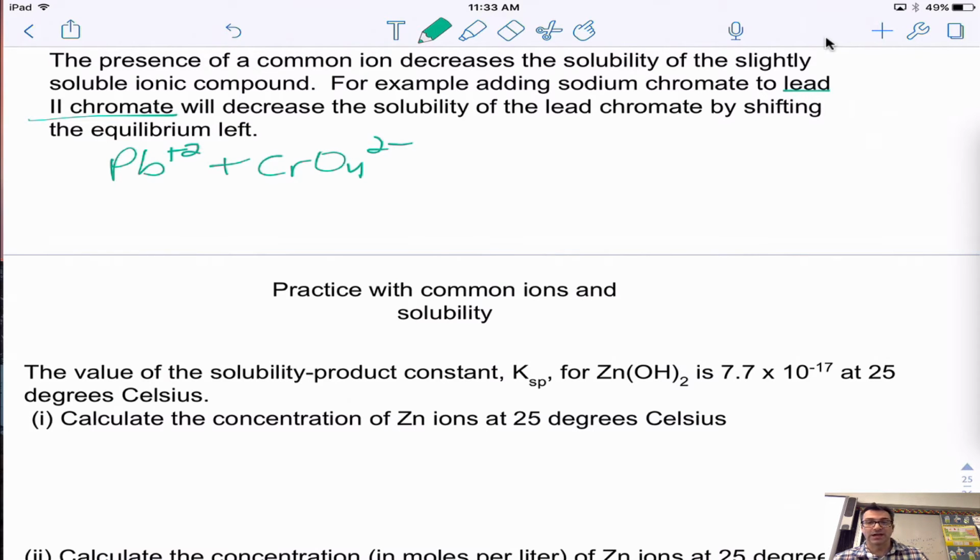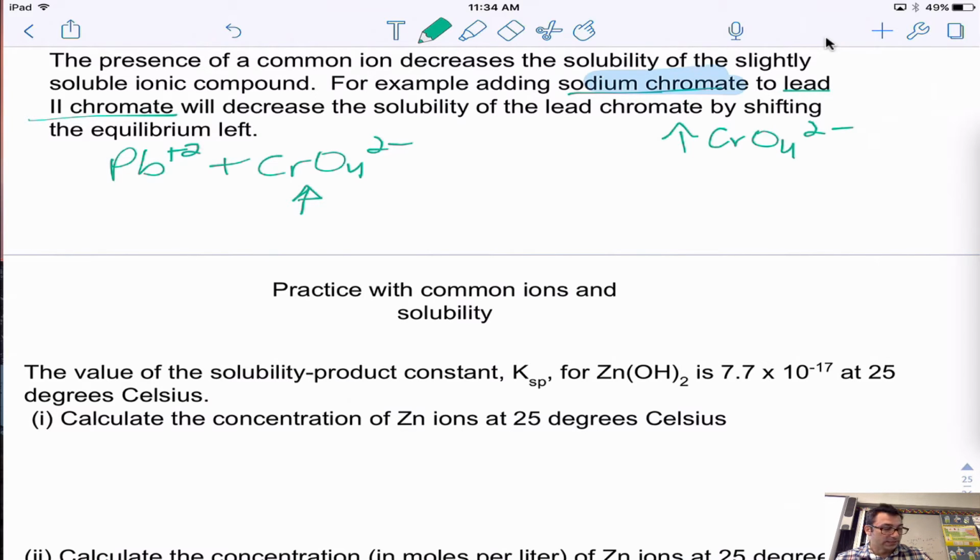If I were to add another salt that contained the same ions, either chromate or lead, like for example if I were then to add some sodium chromate, adding sodium chromate to the lead chromate increases the chromate. If I increase the chromate, that will cause the amount of chromate to increase.